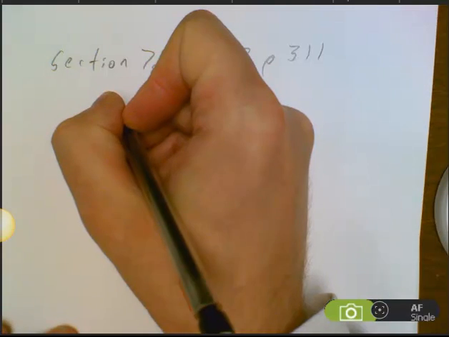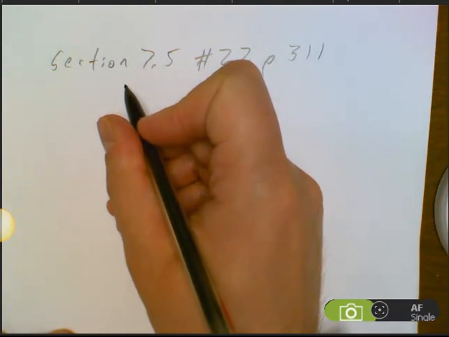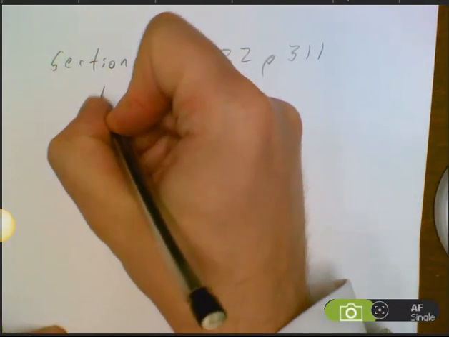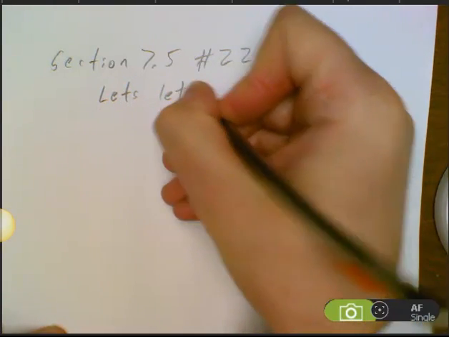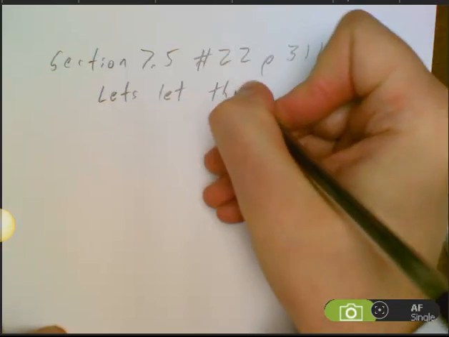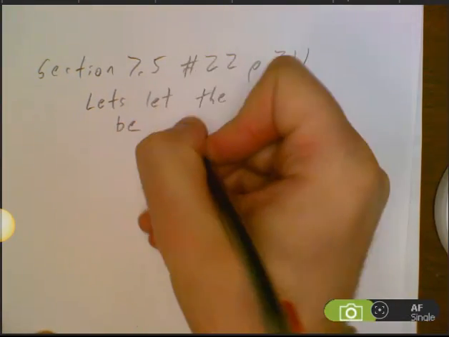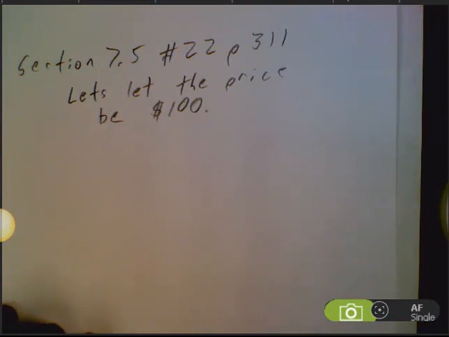Let's say P is the price of the dress. And what a number of people did is that they said, well, since we're dealing with percents, let the original price be $100.